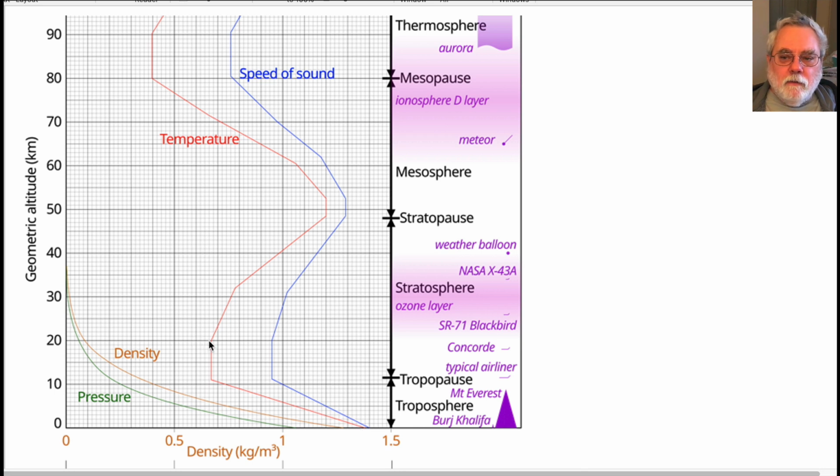The temperature increases with altitude in the stratosphere due to absorption of solar ultraviolet radiation by ozone, which is created in the stratosphere by sunlight. Notice that the temperature at the top of the atmosphere is 100 degrees Celsius colder than Earth's average surface temperature, or 1/3 colder in Kelvin.